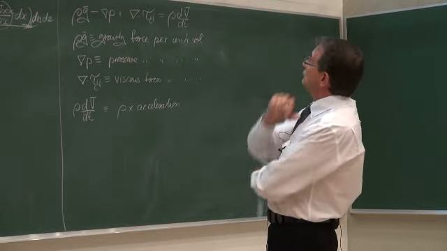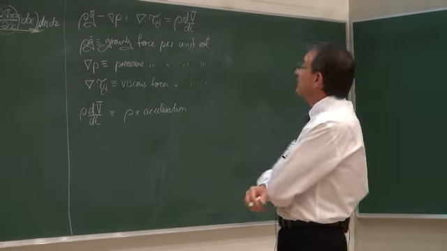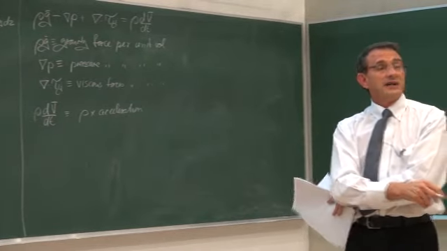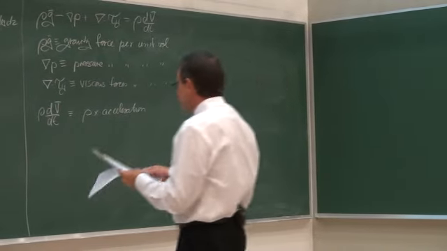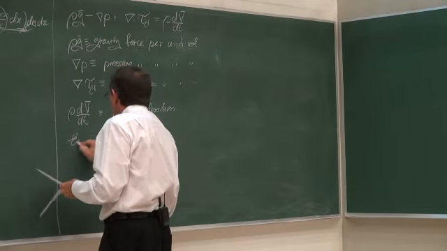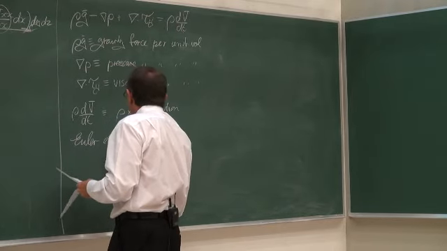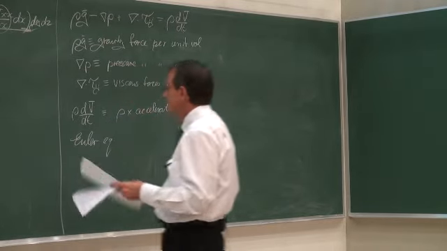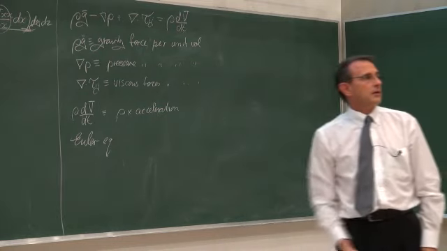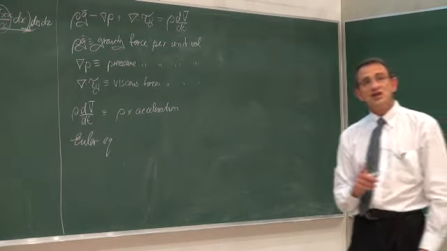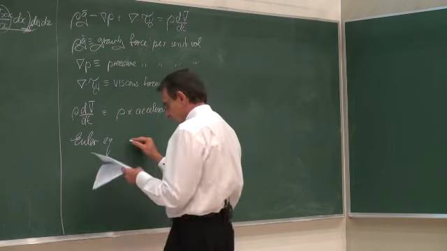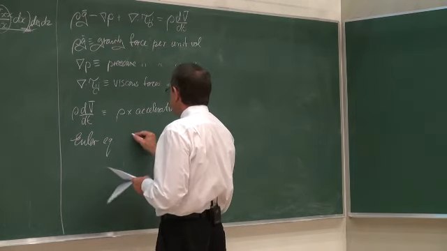And before we get rid of all the stresses, there are some assumptions that can be made. The first type of assumption is called the Euler equation. The Euler equation is when we say that all the flow is frictionless.